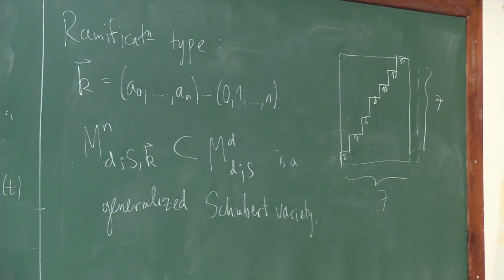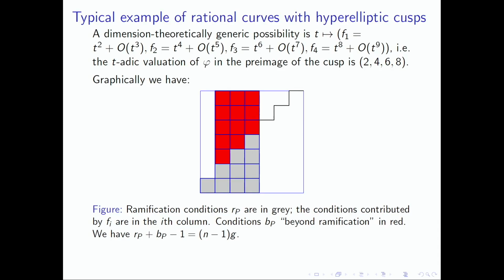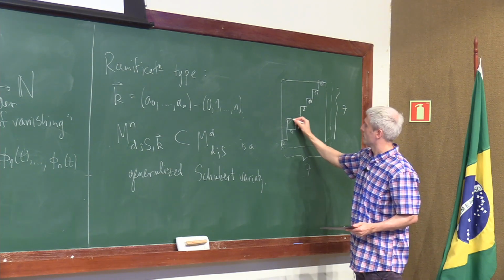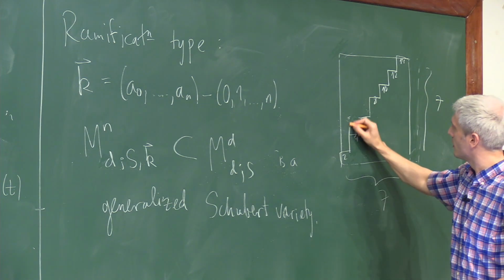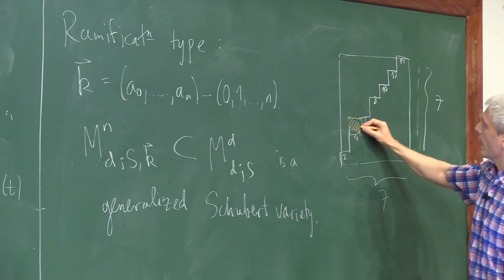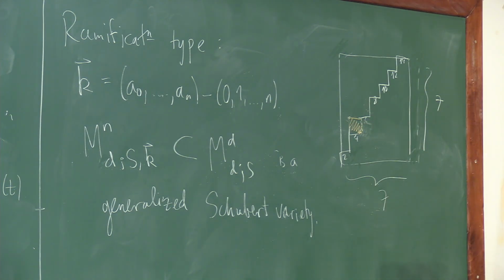What's less clear is how you produce these red boxes that account for conditions beyond ramification. The scheme is as follows. Let me just explain this first red box.